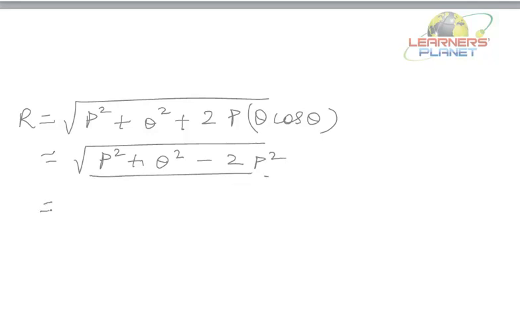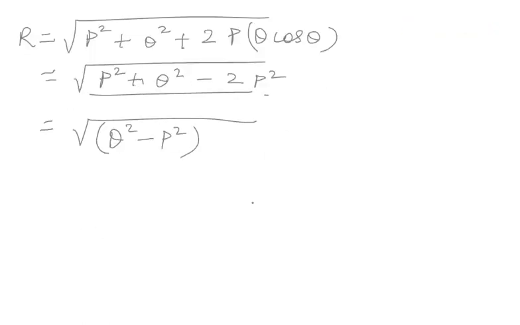Now this can be written as the square root of Q square minus P square. Therefore Q square minus P square will be equal to R square.